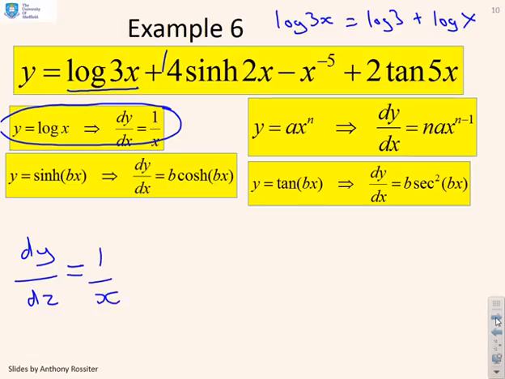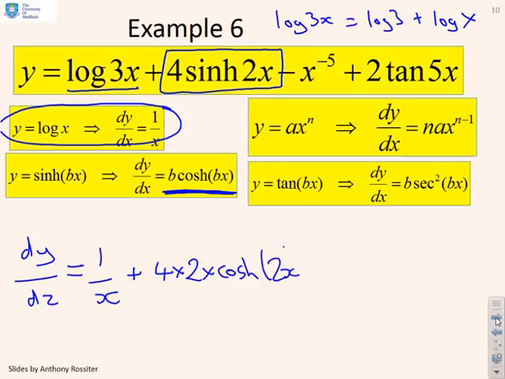Next, let's look at this term, 4 sine 2x, and you'll see the formula we're looking at is b cos bx. So we get plus 4, and now the b term is 2, so 4 times 2 times cos 2x. Next, let's look at this term, minus x to the minus 5, and we're going to use this formula here.